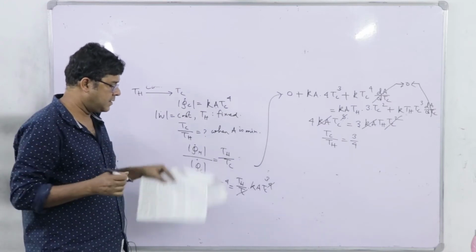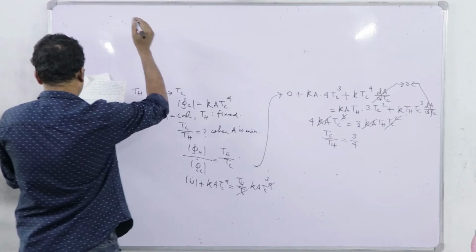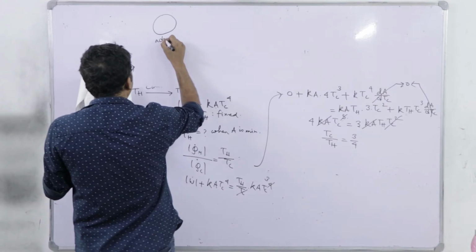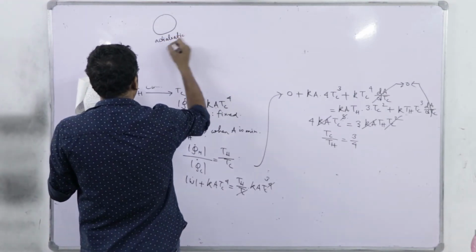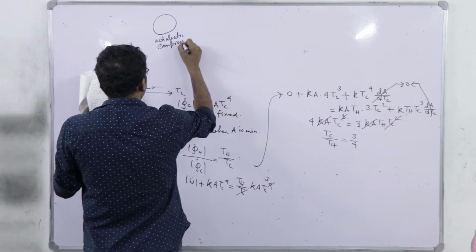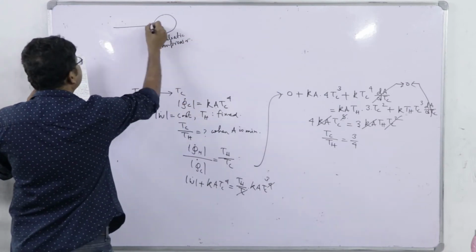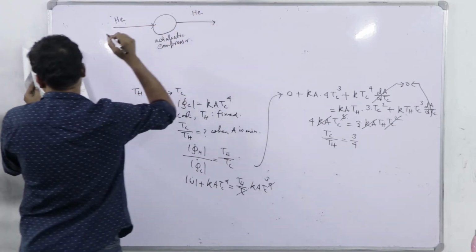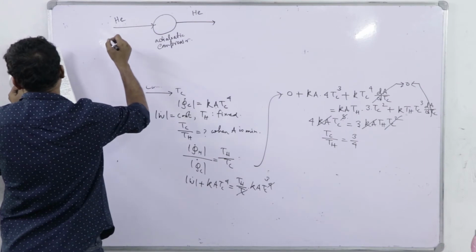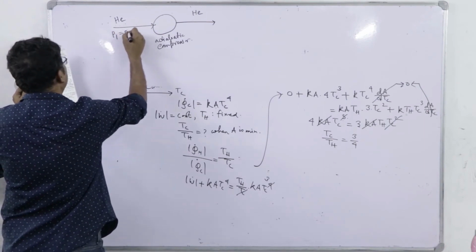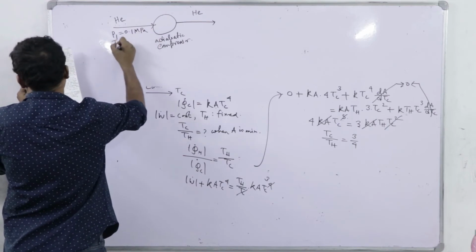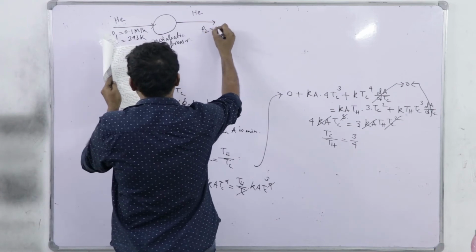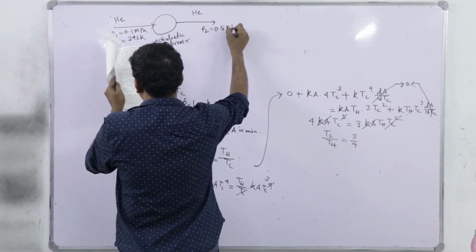Next, helium is to be compressed continually in an adiabatic compressor. It is an adiabatic compressor and we are compressing helium from an initial condition P1 0.1 megapascal, T1 293 Kelvin to a final pressure P2 0.5 megapascal.